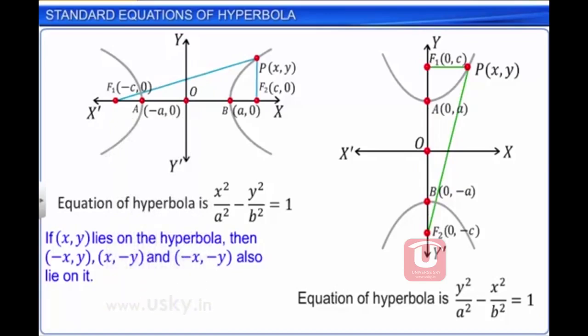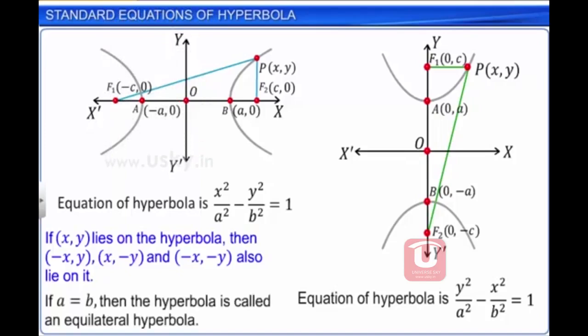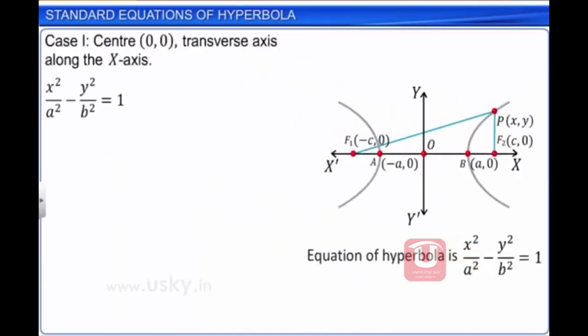A hyperbola in which semi-transverse axis a is equal to semi-conjugate axis b is called an equilateral hyperbola. The standard equations of a hyperbola also specify certain conditions for the position of its curves. Rearranging the standard equation of a hyperbola with its center at the origin and the transverse axis along the x-axis, we find that the modulus of x upon a is greater than or equal to 1.